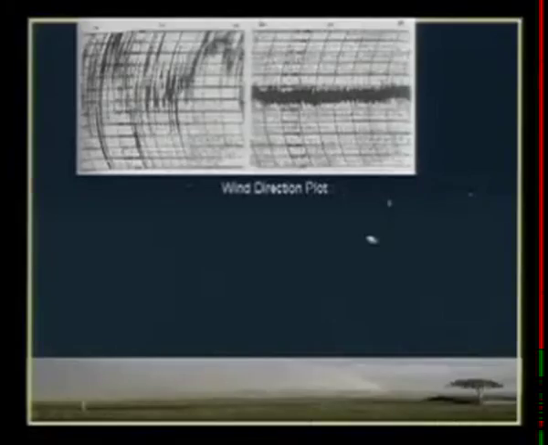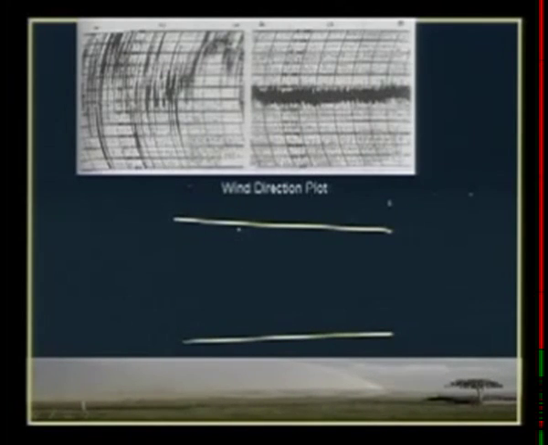Generally there is a chart, and this chart is written in terms of degrees. This can be 0 degrees, this could be 90 degrees, this could be 180 degrees, and this could be 270, and here something like 360.